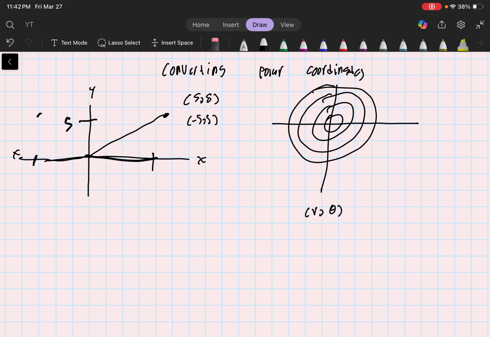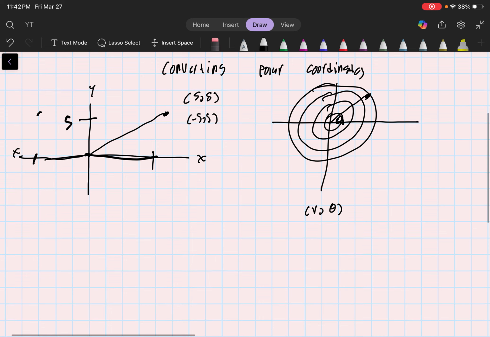Essentially, r is just the radius, or the distance from the origin that you want to go to. So let's say it was right here. Theta is just the direction, the angle that the distance is going to point at. So right here will be our angle theta. I don't know what that point would be, but it looks about 45 degrees. Let's just call this radius 5.